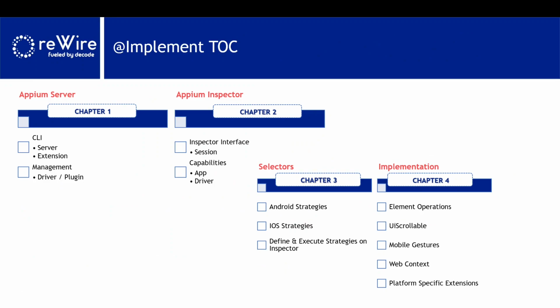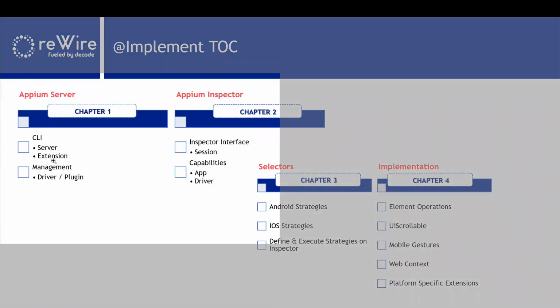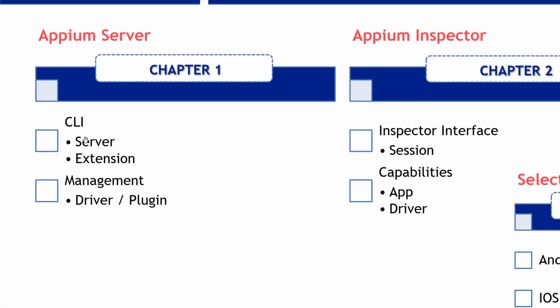This implement playlist is going to cover four chapters. Chapter one mainly focuses on the server and then extensions. Extension means a driver or plugin. There is a set of commands given by the authors and developers of Appium.